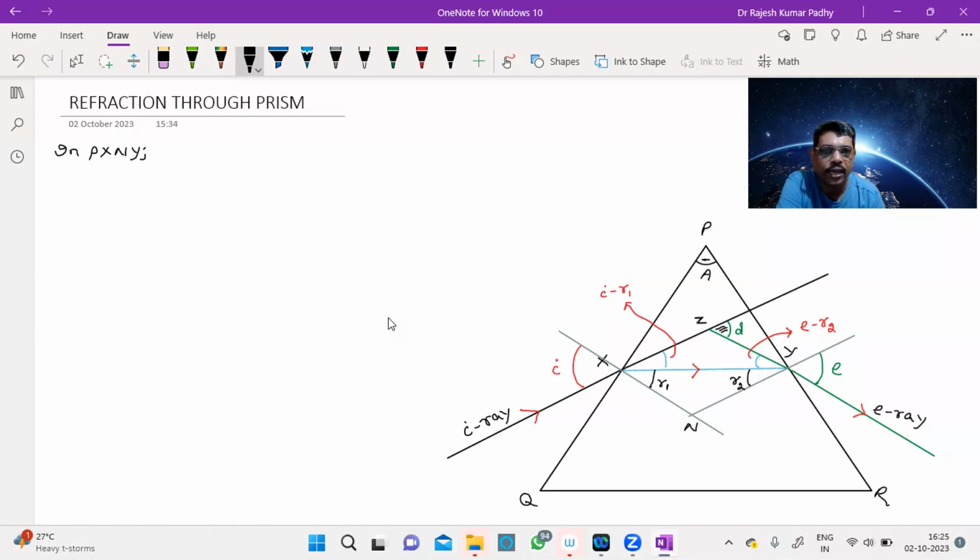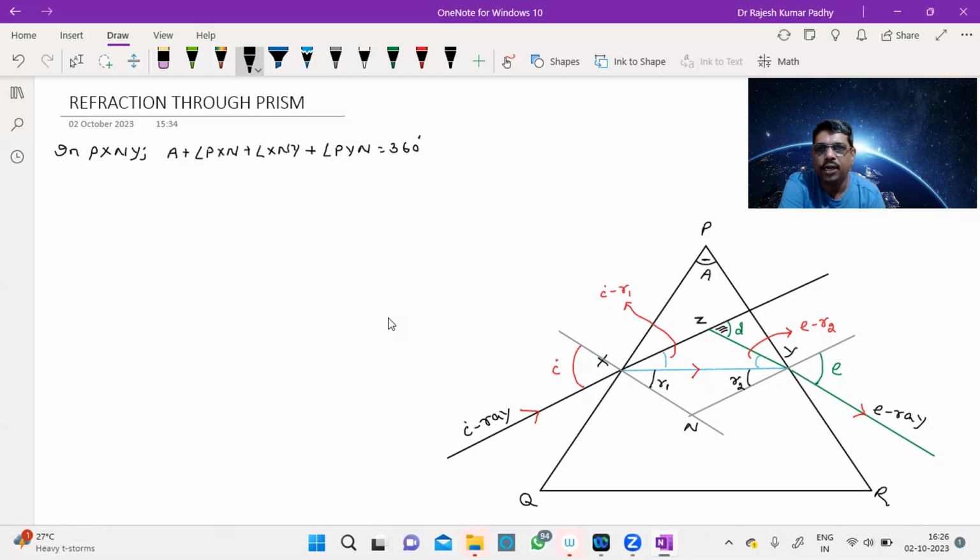The sum of four angles equals 360 degrees. That is, A plus angle PXN plus angle XNY plus angle PYN is equal to 360 degrees.